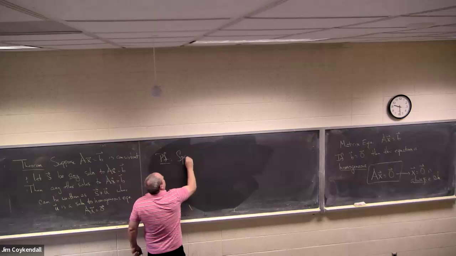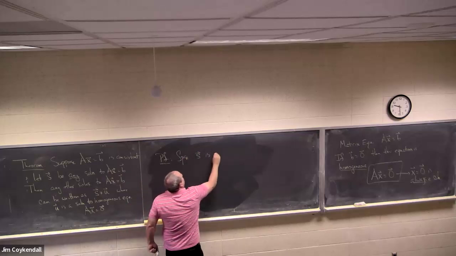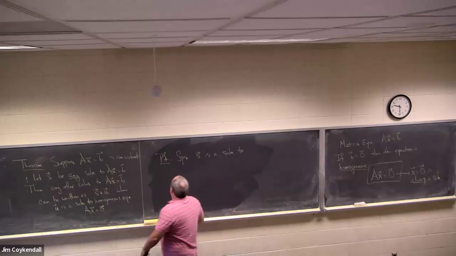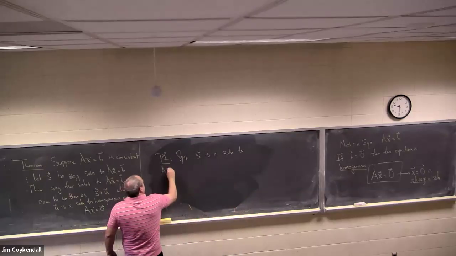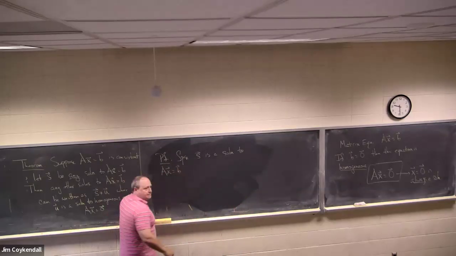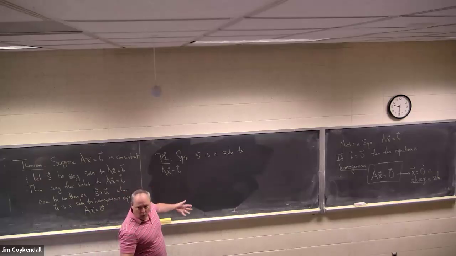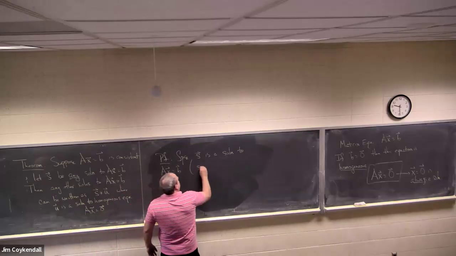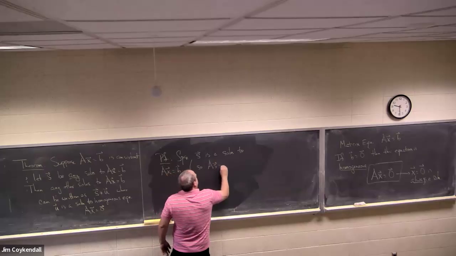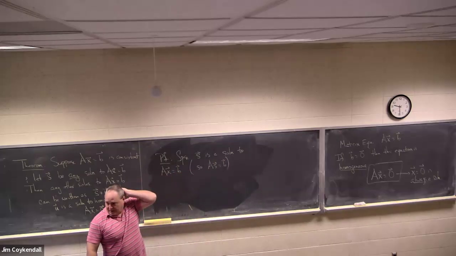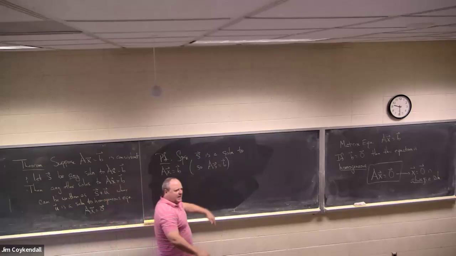Suppose S is a solution to AX equals B. So what does that mean? That means if I plug in S for X, it works. Everybody agree with that? Let Z be any other solution.